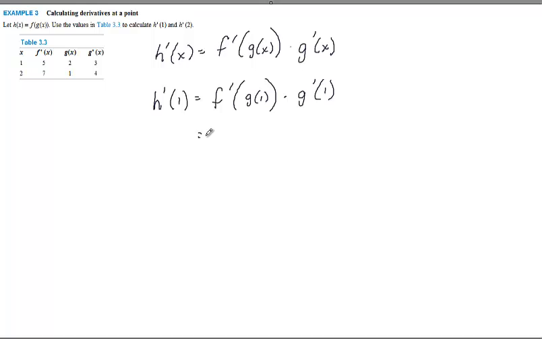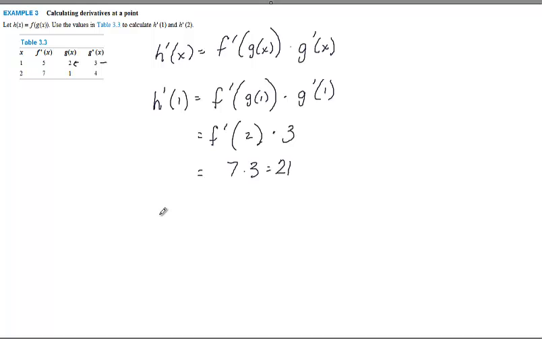Substituting in f prime of g of 1, g of 1 is right here, that's a 2, times g prime of 1, that's 3 from right there. f prime of 2, that's a 7, times 3 equals 21.